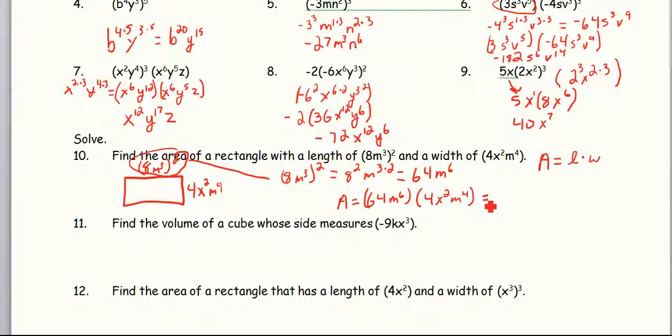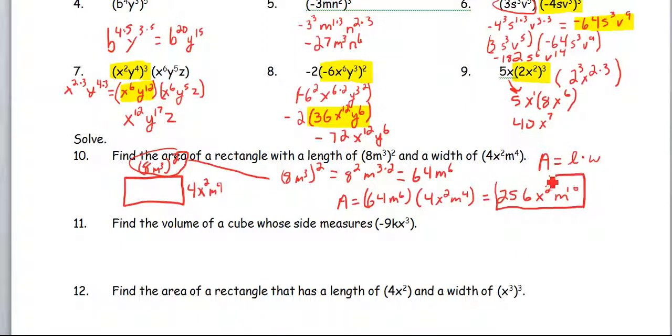Now remember, if I have a like base, I don't have another x. So I'm just going to go ahead and bring this over, x squared, because I don't have another base to do anything with. And then with my m's, remember I need to add my exponents. 6 and 4 is 10. So our final answer is 256x squared m to the 10th.